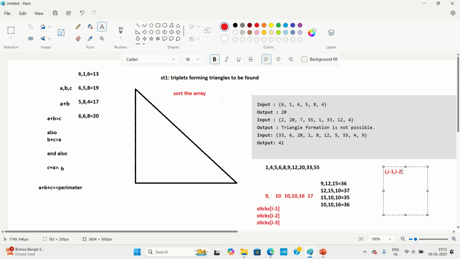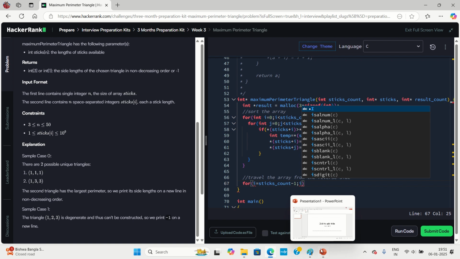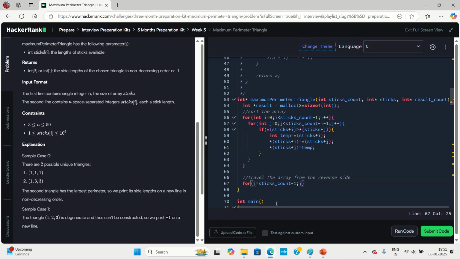So I greater than or equal to 2, and I minus minus. Fine.